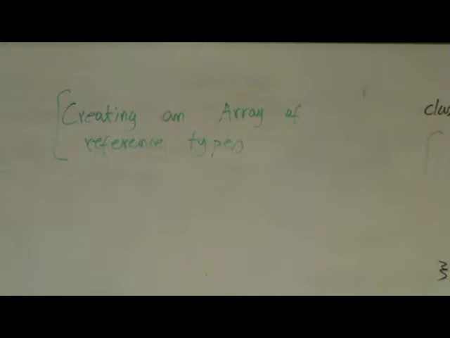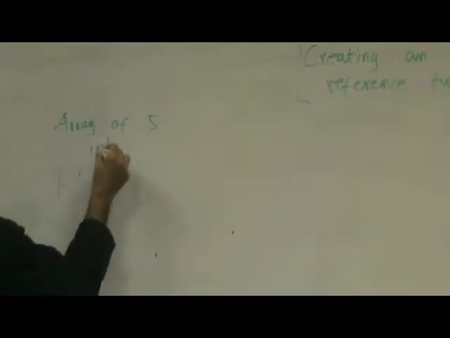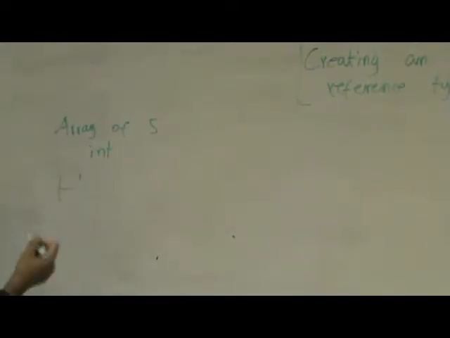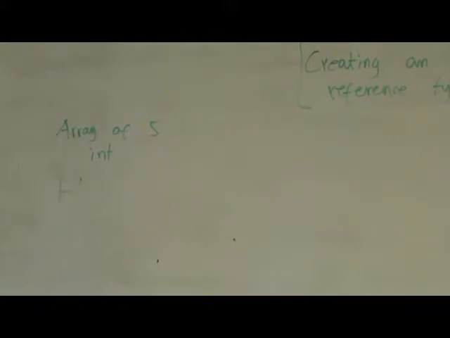Okay, if you recall, we had discussed that array itself is a reference type, right? So for example, if I asked you to create an array of 5 integers, int is a value type, so creating an array of value types is easy, right?